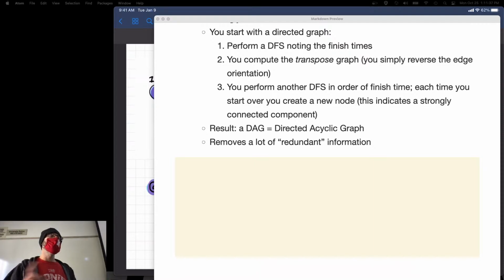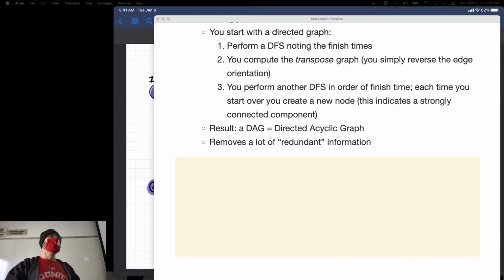By the way, if everything was reachable, what would it look like? If every pair of vertices in the original graph were strongly connected, like if it was just one big cycle, what would the condensation graph look like? Just one node.